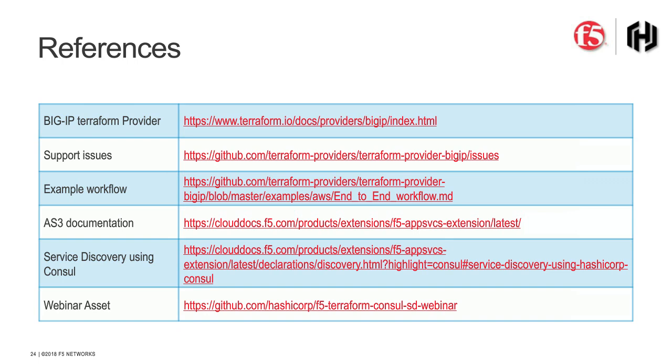Yeah, so I can answer at least from our side. When we showed that, if you look at our catalog API, there's an API in there called list nodes for service. And if you look at our AS3 declaration, that was the actual URI that we used. So it was /service.